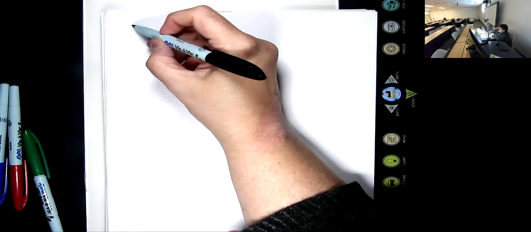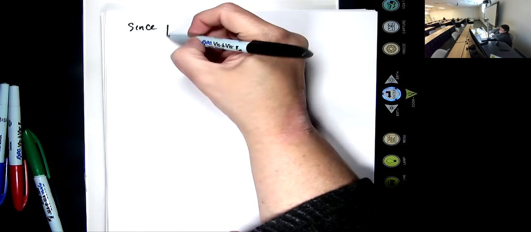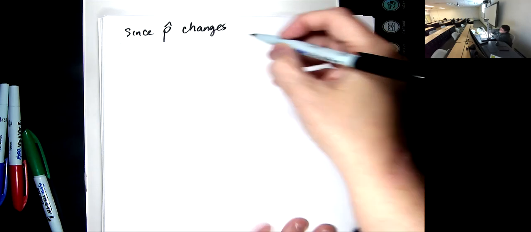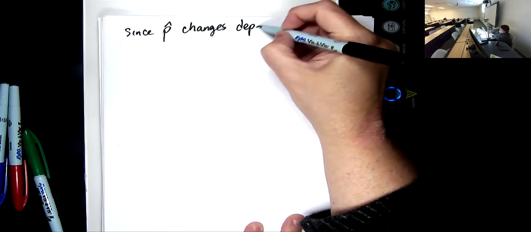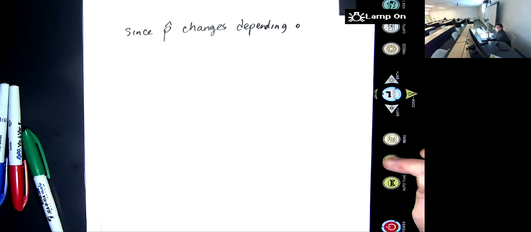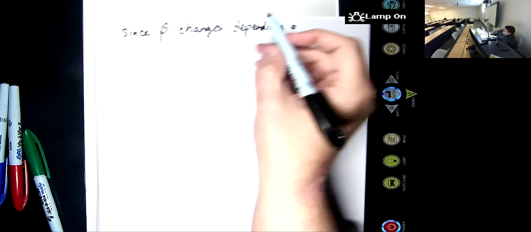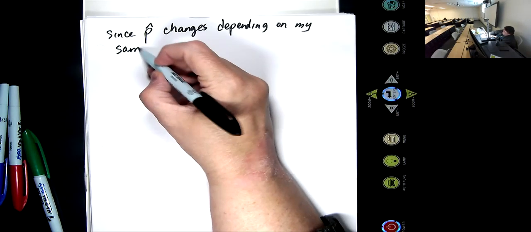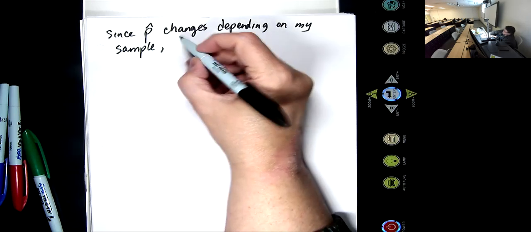Since p hat changes depending on my sample, this too is a random variable.